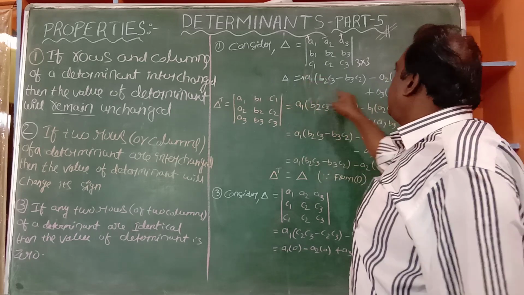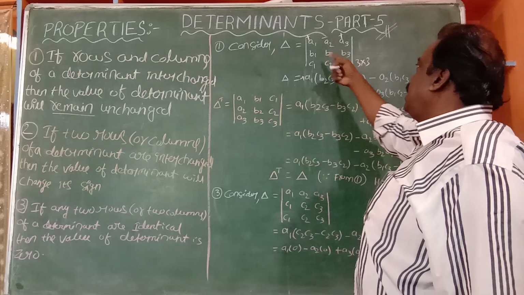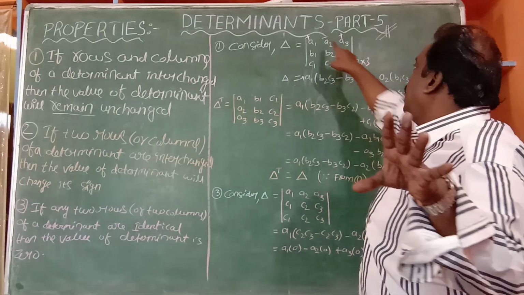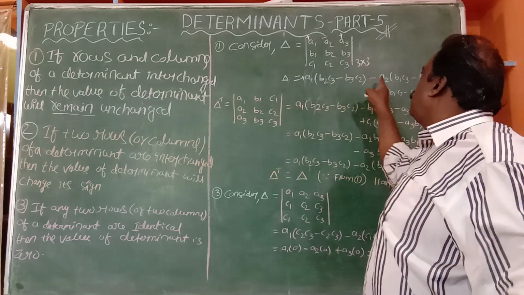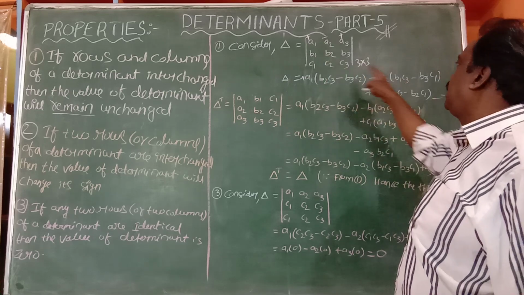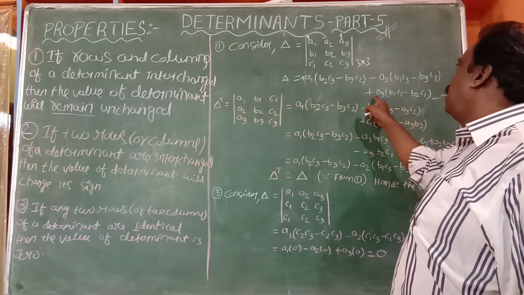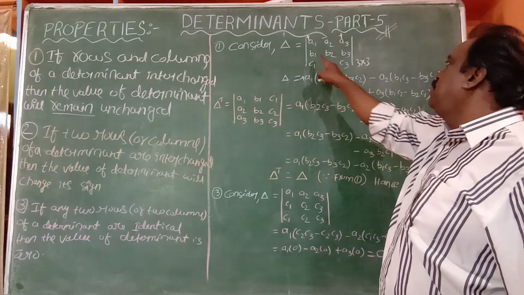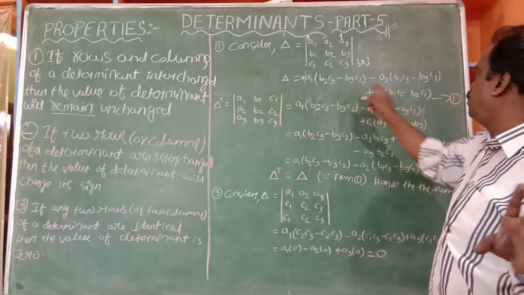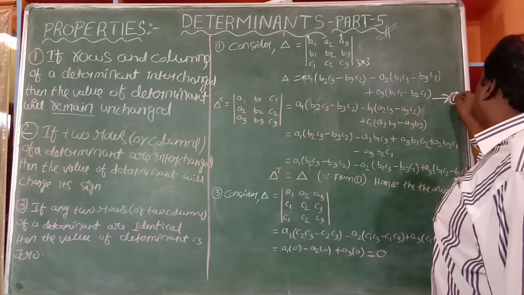A1 times its minor B2C3 minus B3C2. Minus A2, where the A2 row and column are deleted, B1C3 minus B3C1. Plus A3, where the A3 row and column are deleted, B1C2 minus B2C1. This is equation 1.